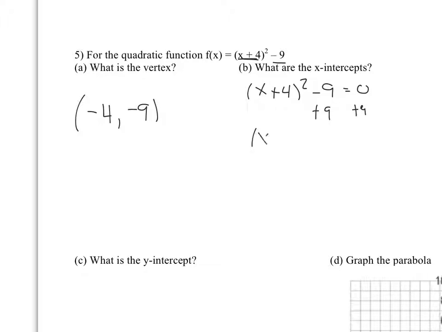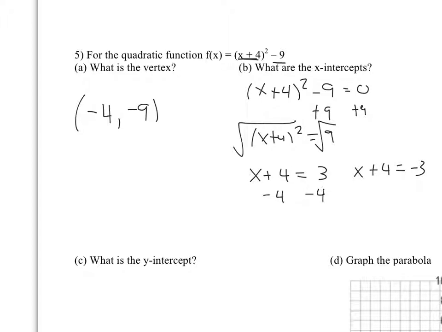That leaves me x plus 4 squared equals 9. Then I need to take the square root of both sides, but this is where I need to be careful. If I'm solving and I want to take the square root of both sides, I actually need to set up 2 equations. I need to set up one for the positive answer from this square root, and I also need to set up one for the negative answer from that square root, and that's where my 2 intercepts will come from.